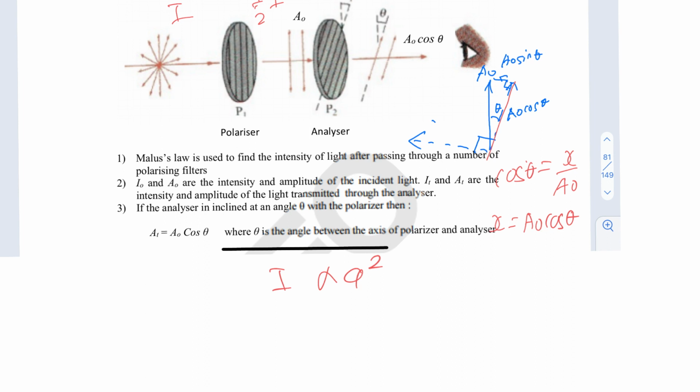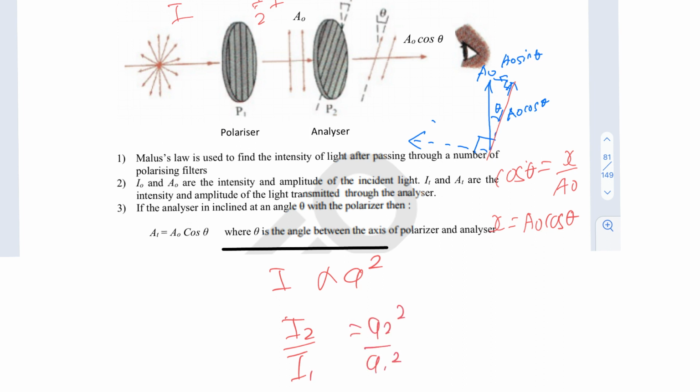So we can use the same equation here for the intensity of the transmitted wave. We know the amplitude coming out is A naught cos theta. What about the intensity of that wave coming out? No problem, we can derive the equation. I2 over I1 is A2 squared over A1 squared.